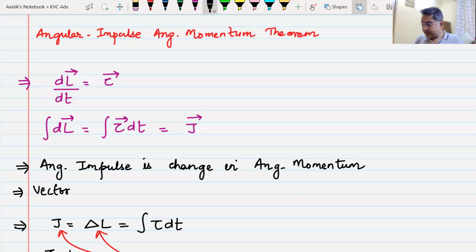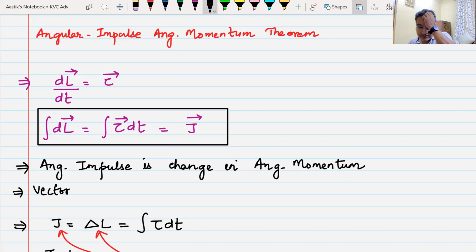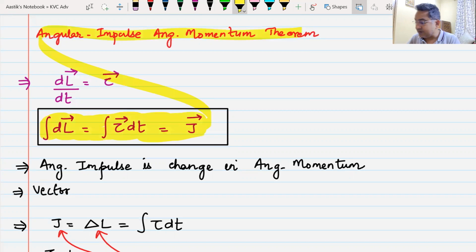Okay. Then when I wrote this statement, change in angular momentum is equal to angular impulse, this statement, or this definition of angular impulse, is basically known as your angular impulse momentum theorem. The change in angular momentum is equal to the angular impulse.